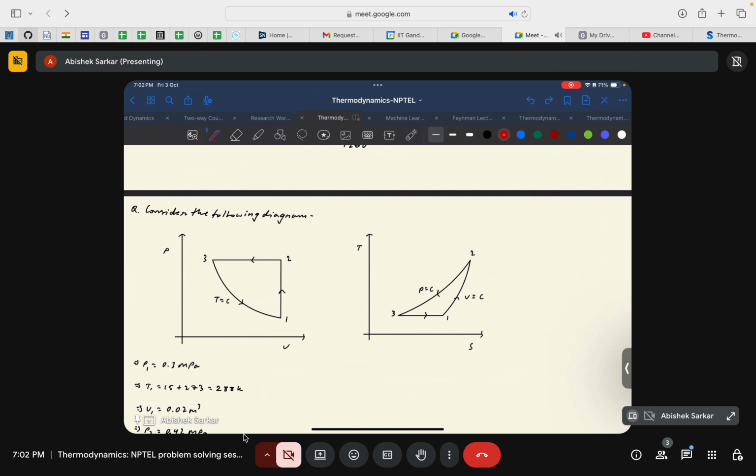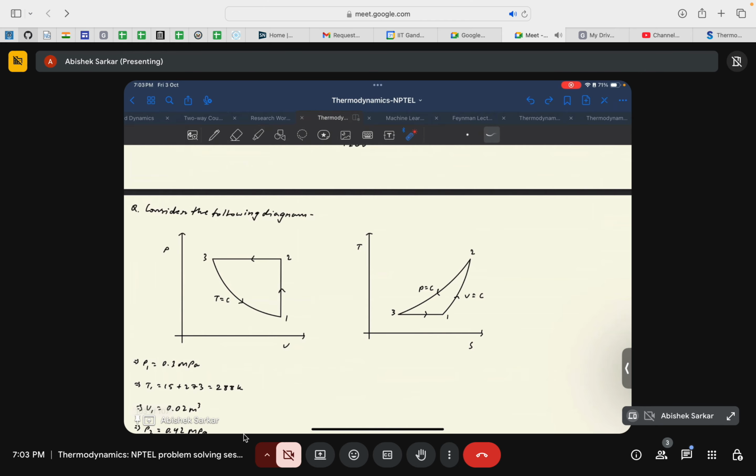Process 1 to 2 is a constant volume heating, so 1 to 2 would have a particular slope, if you recall. Then 2 to 3 is a constant pressure cooling.